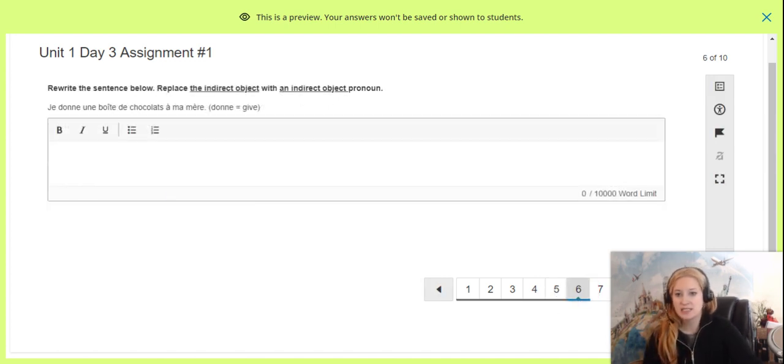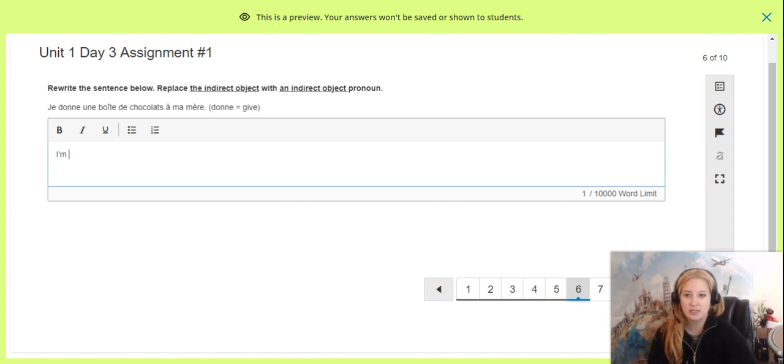Okay, numéro 6. Now we're replacing the indirect object with an indirect object pronoun. Je donne une boîte de chocolat à ma mère. So first we need to understand what it means. I'm giving a box of chocolates to my mom.